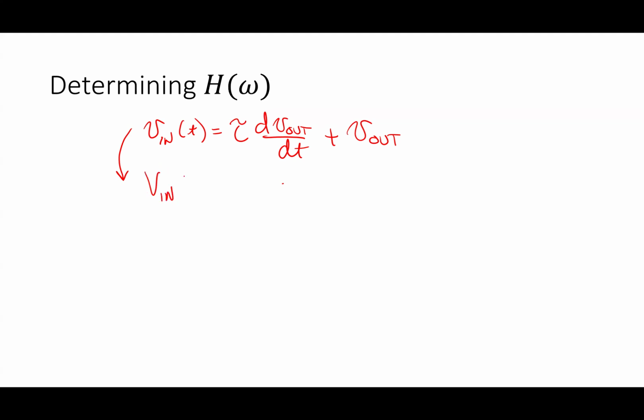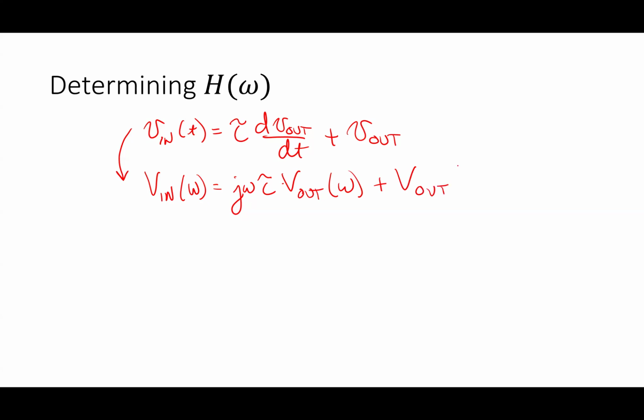Yep, V in of omega. And what do I do with the other side then? What do I do with the d by dt? You multiply by j omega, I think. So d by dt becomes j omega. Yep. And then all the v outs become V out of omega.